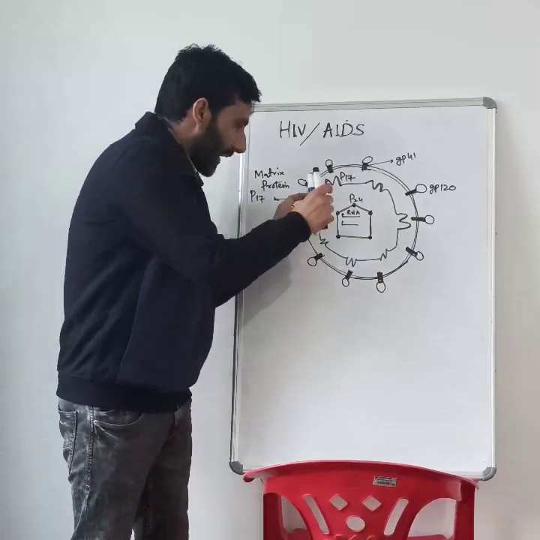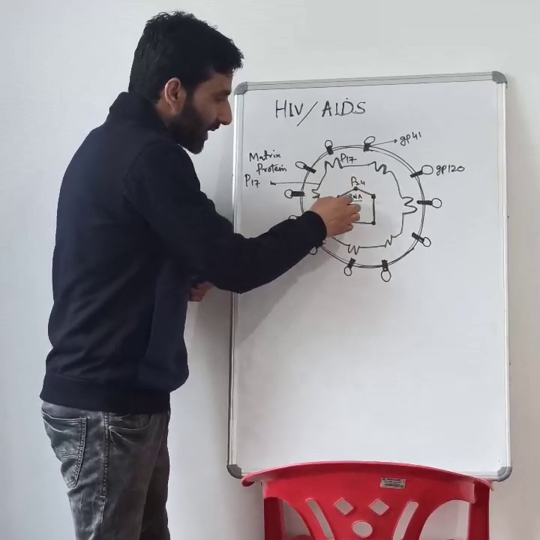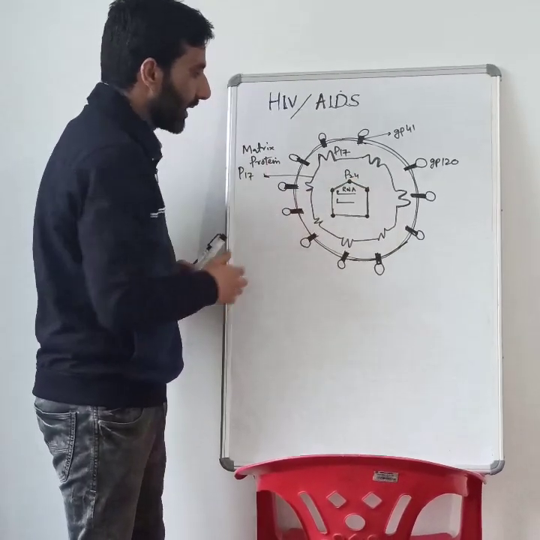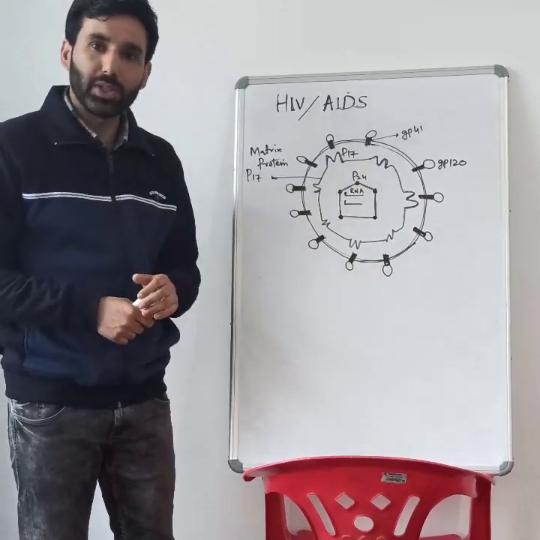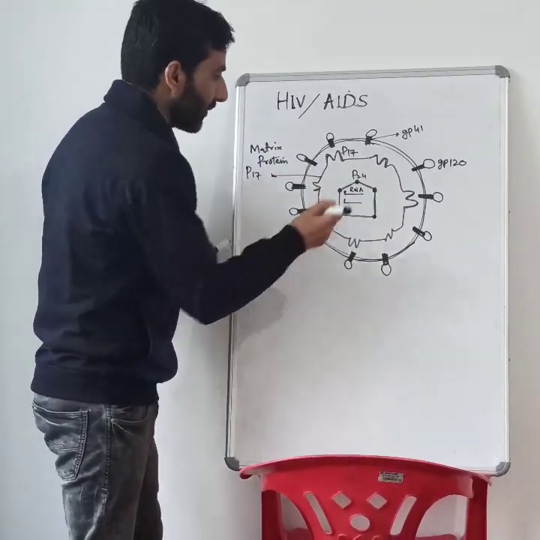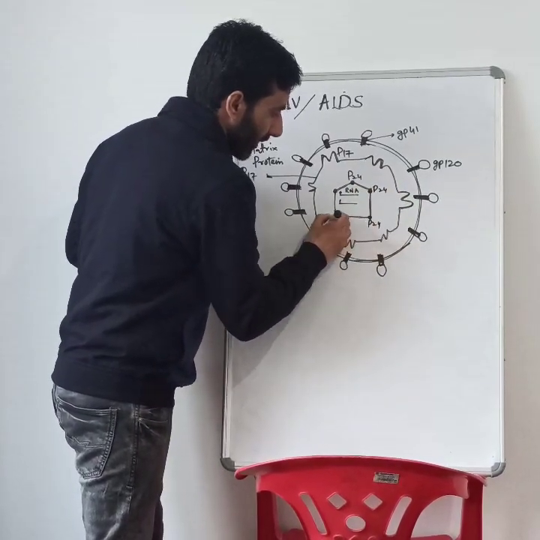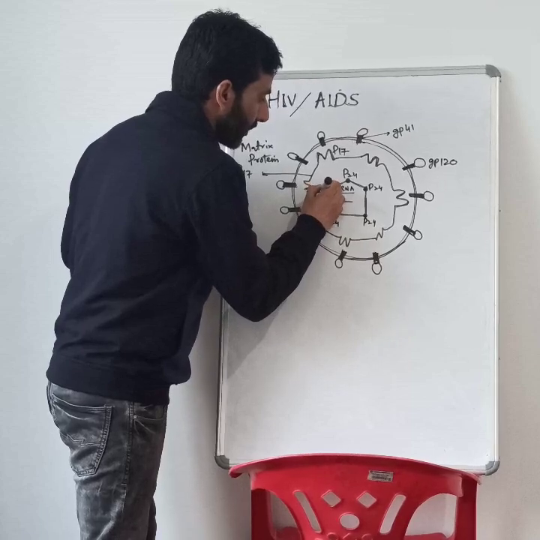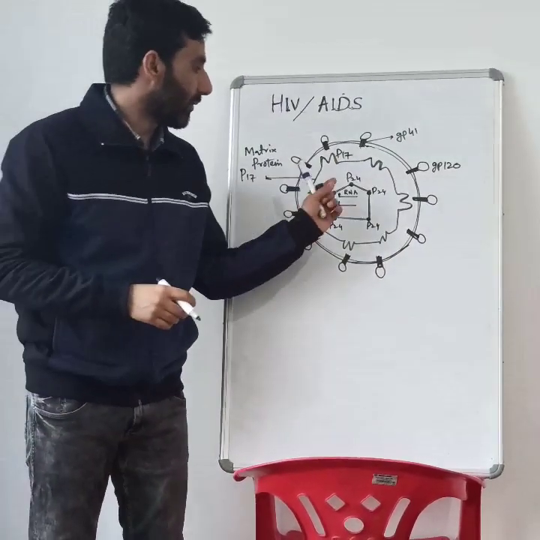Now when we move inside again, we will see the proteins of which the capsid is made up. The capsid is made up of another type of proteins called P24. So the capsid of this virus is made up of P24 proteins.